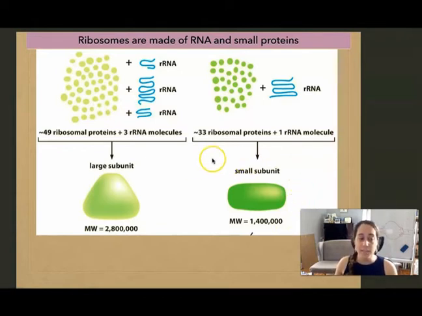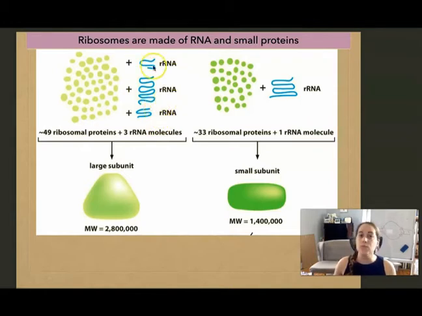Now I want to specify that although there are proteins which are part of the ribosome, the proteins don't have enzymatic function. They're purely structural. The proteins are just there to help maintain the structure of the ribosomes. Experiments have been done that will remove the proteins or make them non-functional, and you just have the rRNA, and the ribosome still catalyzes the translation reactions.